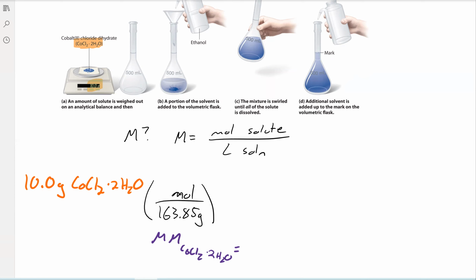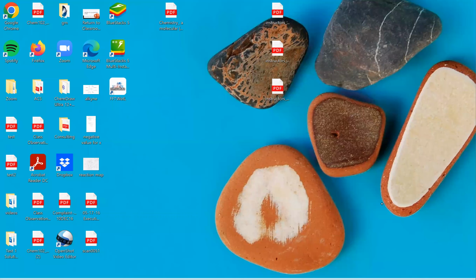Grams down on the bottom, that way it cancels out with the grams on the top. And then you do the math there, 10 divided by 163.85. You get 0.06131 moles of your solute.